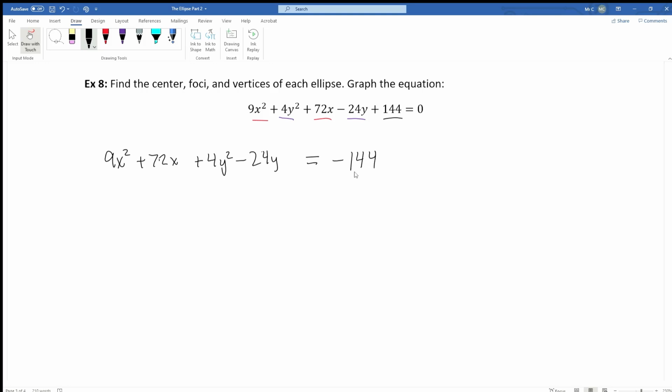Now, my next step is to factor out, because in order to complete the square, I really want this to just be x squared and y squared instead of having this leading coefficient. So I'm going to factor a 9 out of both of my x terms. It gives me 9 times (x squared plus 8x) plus 4 times (y squared minus 6y).